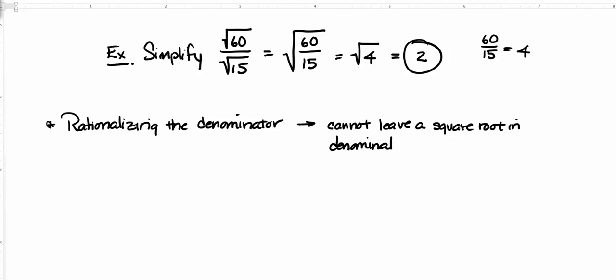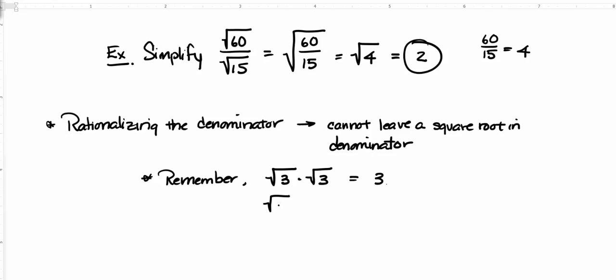So how do we get rid of this? Well, here's a key fact. Remember, if I take anything like the square root of 3 times the square root of 3, I'm going to get what's inside the radical back out, right? The square root of 3 times the square root of 3 is really the square root of 9, and then I get 3.